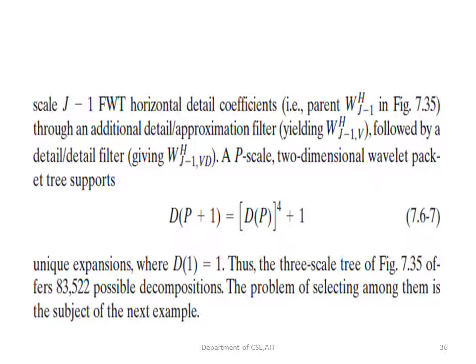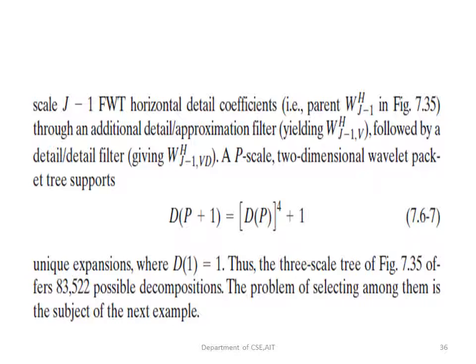A p-scale 2-dimensional wavelet packet tree is going to support d of p plus 1, which is equal to d of p to the power of 4 plus 1, because we will have one root node and then smaller subfunctions, that is 4. This is a unique expansion where if I have only one node, then d of 1 will be equal to 1.